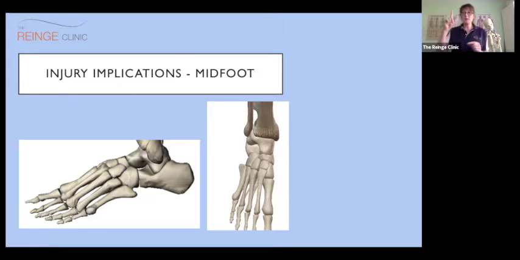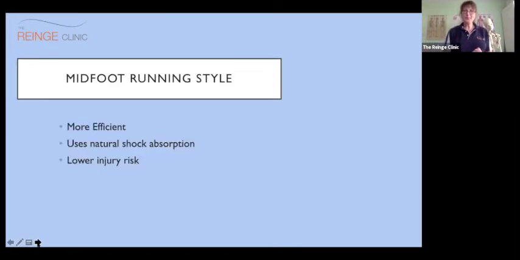By ten joints, we were up in the spine with a heel strike. With the midfoot, we haven't even left the foot, and we've got 13 joints to dissipate that force. We've got an arch, the foot helping us, the plantar ligament flattening. It makes so much more sense for running to try and use this midfoot strike.